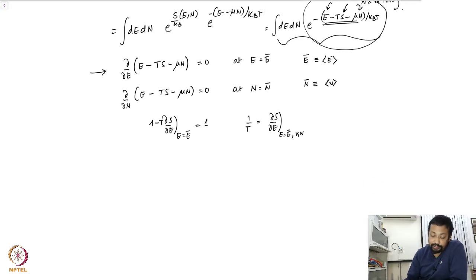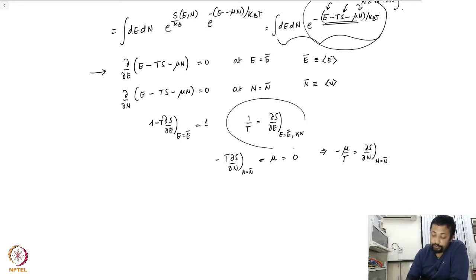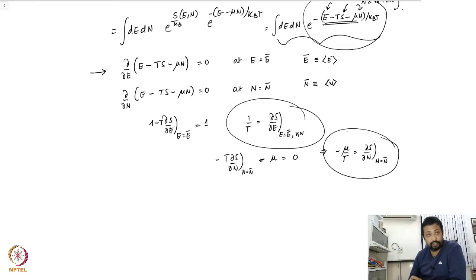The second relation gives you minus T del S del N at N equal to N bar minus mu is equal to 0, which implies minus mu by T is del S del N at N equal to N bar. So you recover the two thermodynamic relations.